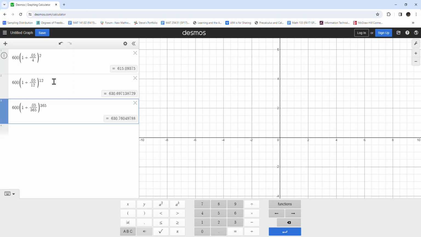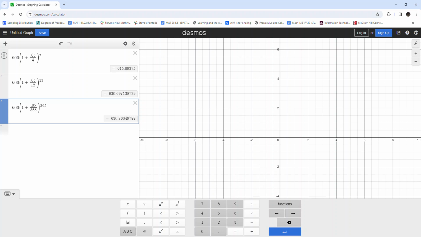After 1 year, there is a couple cents difference between the two. So for the compounded monthly, we ended up with, let's see, $630 and about 70 cents. For the compounded daily, we ended up with $630 and 76 cents. So roughly a 6 cents difference after 1 year. Not a huge effect.